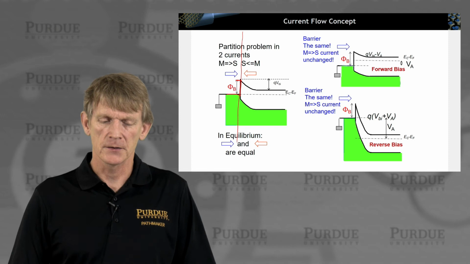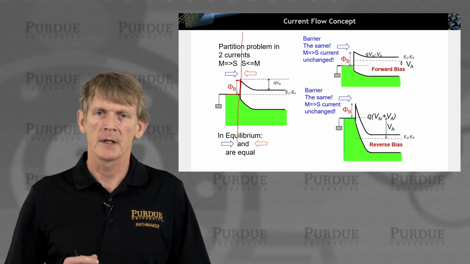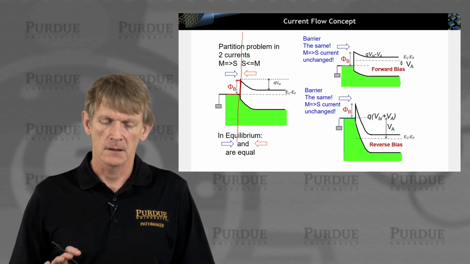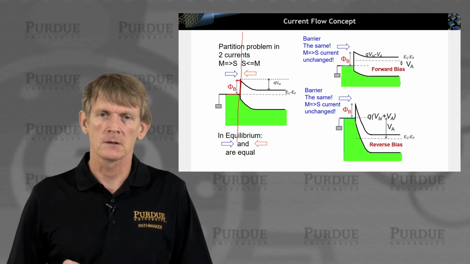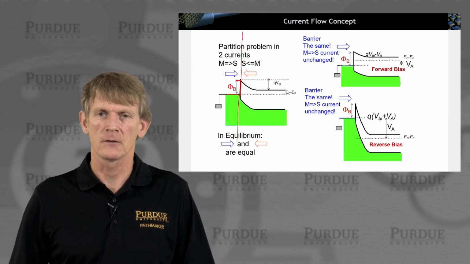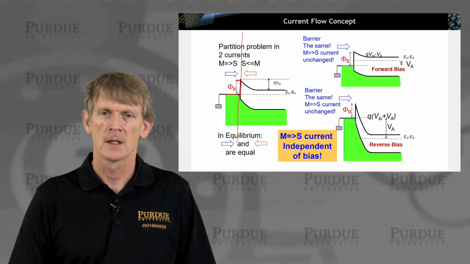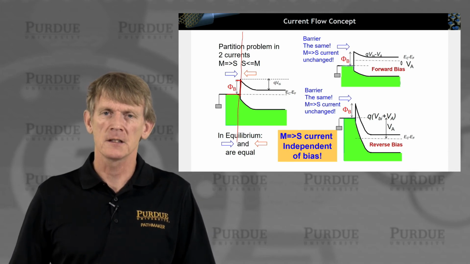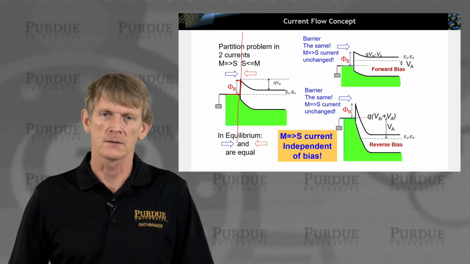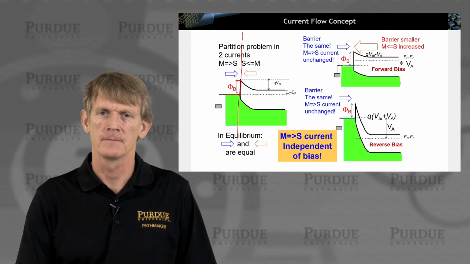In the reverse bias, also here, the current from the metal to the semiconductor remains unchanged. And that is something we're going to consider and quite useful in the derivation of some equations for current flow in this metal semiconductor junction. So, take-home message here is that the metal to semiconductor electron flow is independent of bias, regardless of the bias that you apply on the semiconductor side.